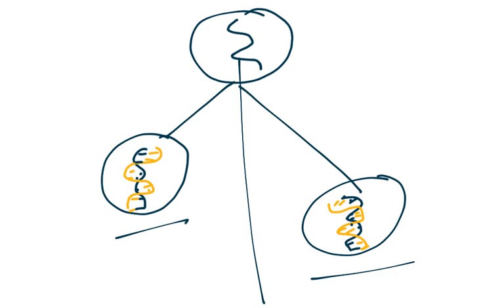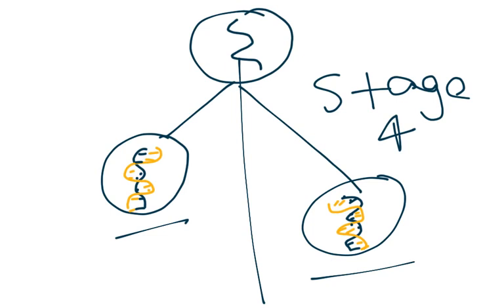We want to get an exact replication. So this ends up being stage 4. We've had one cell divided down the middle and become 2 cells, each containing an old strand and a new strand of DNA. Pretty cool, hey?